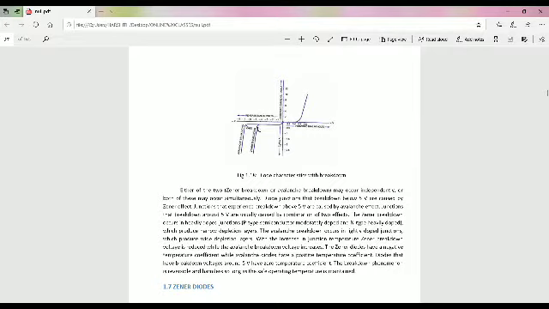At this knee, the breakdown is said to occur in the device. The reverse bias voltage at which the breakdown occurs is called the reverse breakdown voltage, denoted by VZ.